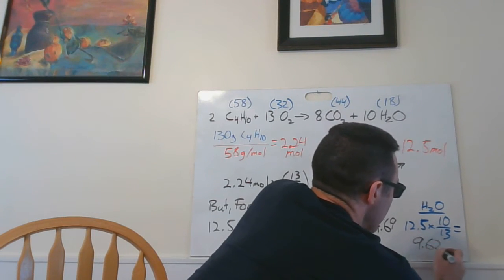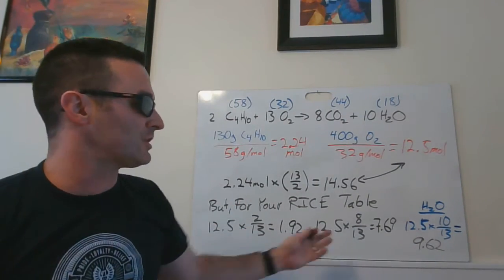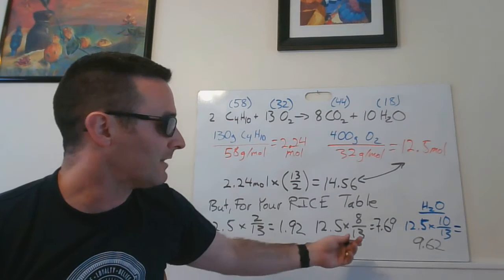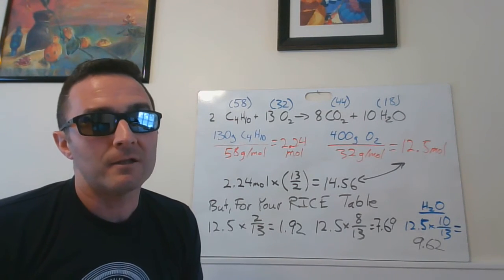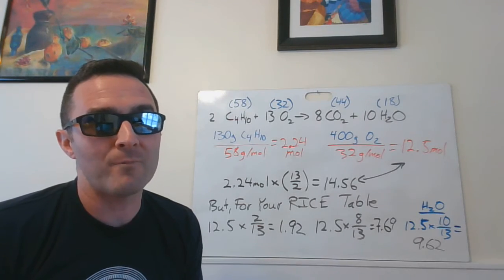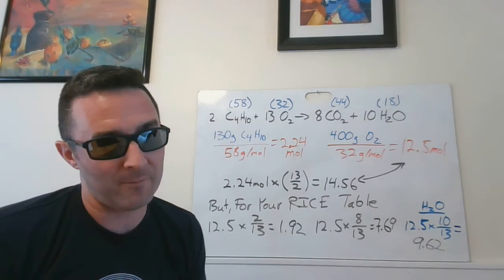Guys, the point is, if you're doing this much math just to set up your rice table, at this point, you're one step away from having done the math step. So you might as well do the math at that point.